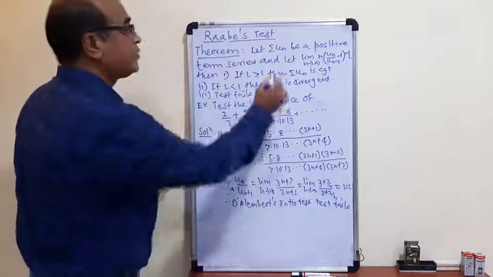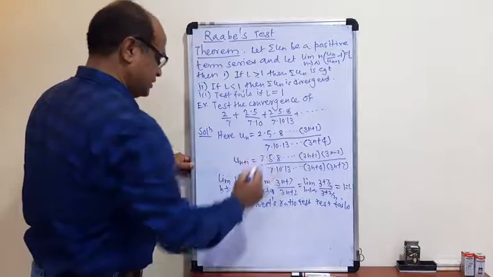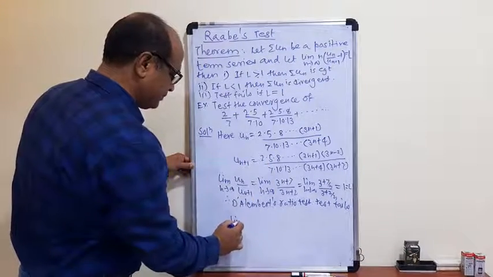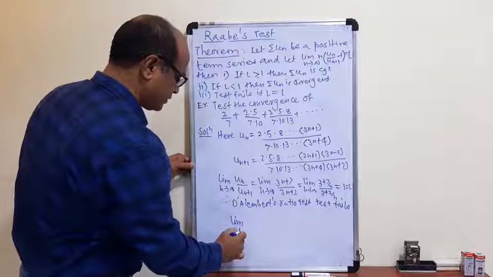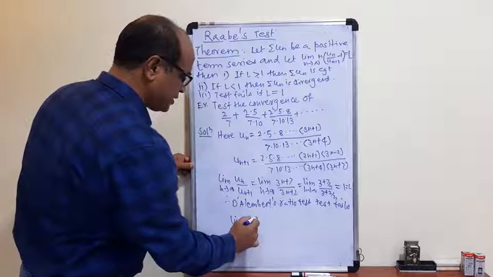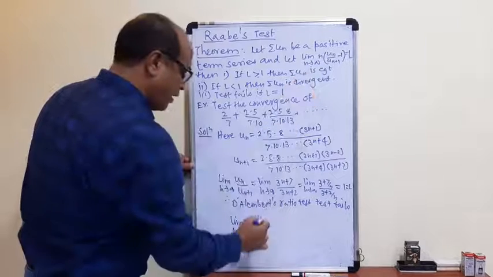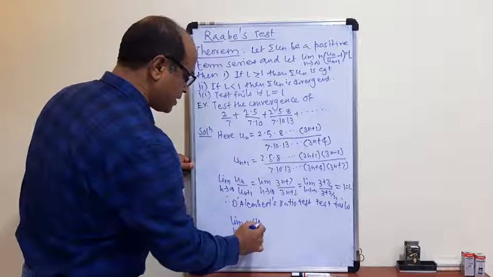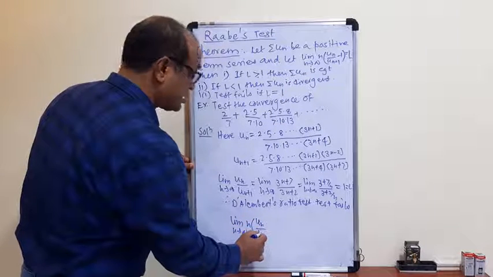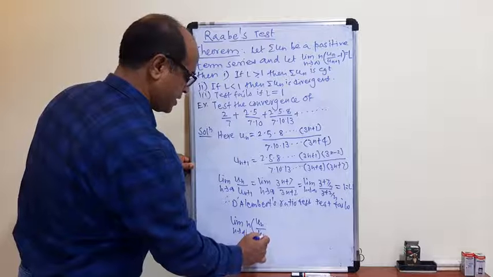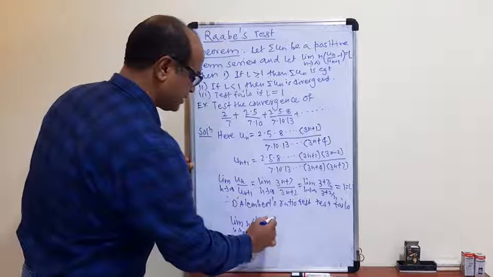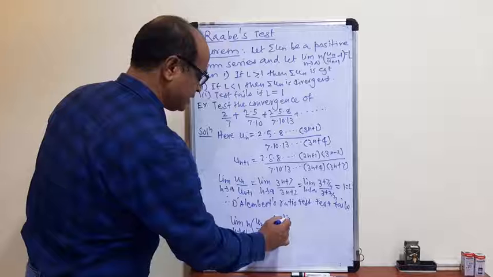So what is the limit? Limit as n tends to infinity of n into bracket un upon un plus 1 minus 1.